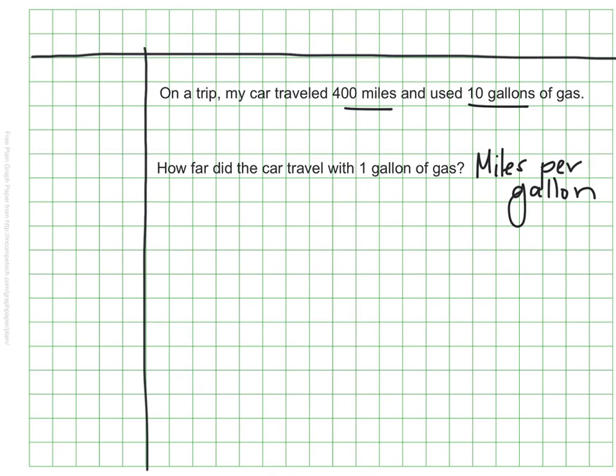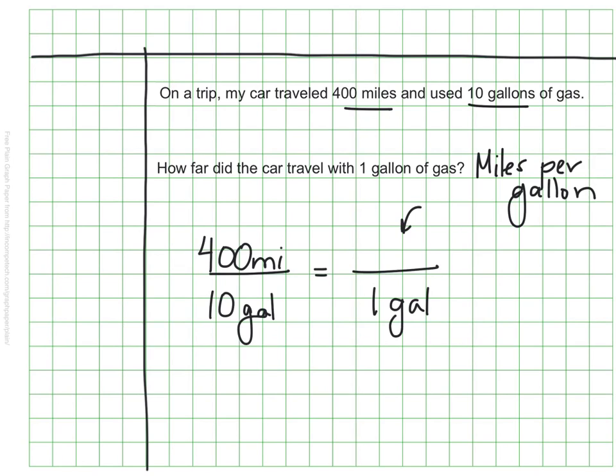As we've done before, one way we could solve this is to set this up with equivalent ratios. Right? So I was able to go 400 miles with 10 gallons of gas. I'm making a unit rate, so I want my denominator here to be 1 gallon. I want to know how far I can go with just 1 gallon of gas.